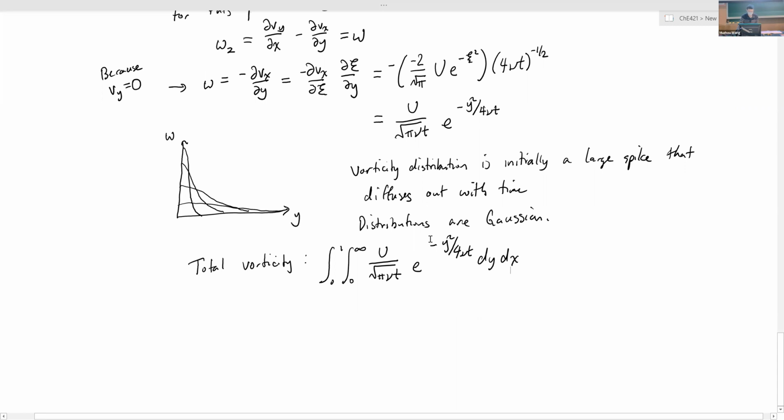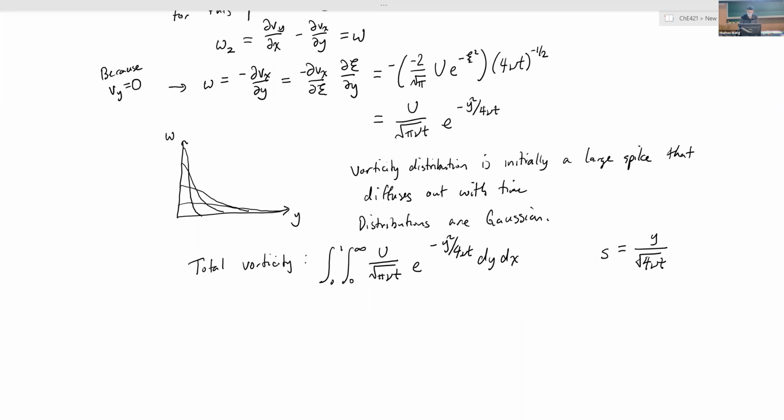To integrate this, you can use what you might have called a u substitution when you first learned calculus, right? I'll substitute in s equal to y over the square root of 4 nu t. It's looking kind of familiar to you guys at this point, probably.